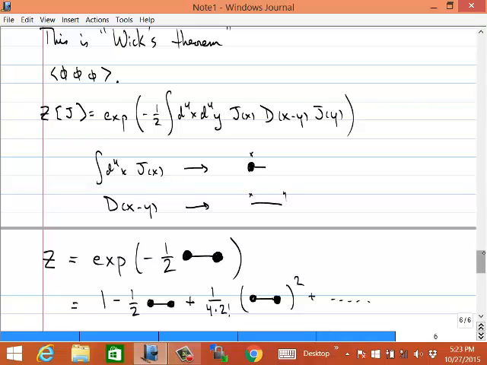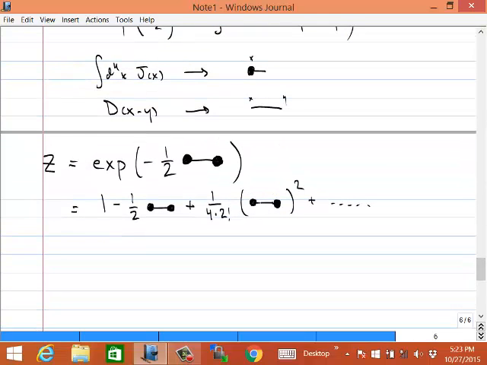And indeed, for example, it is this something squared that gives us all of the various Wick contractions for the 4-point function of a free quantum field theory.